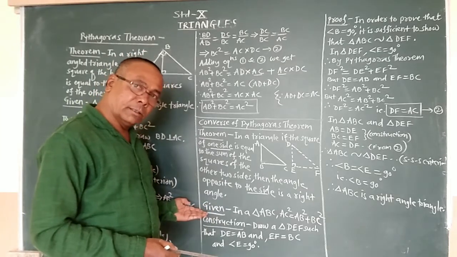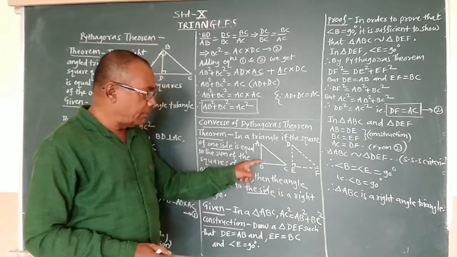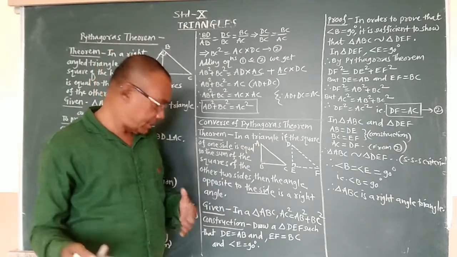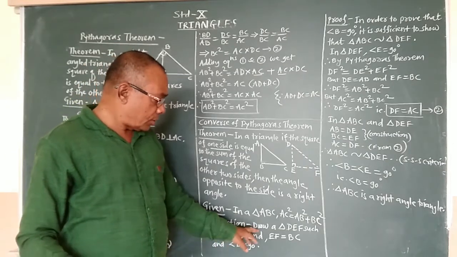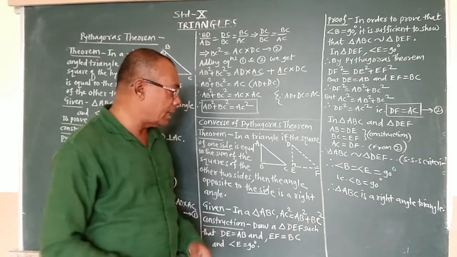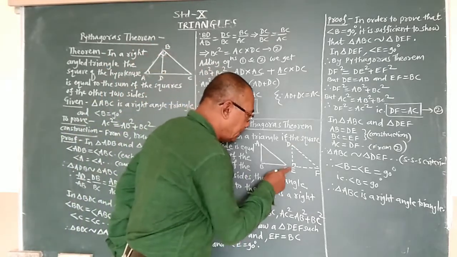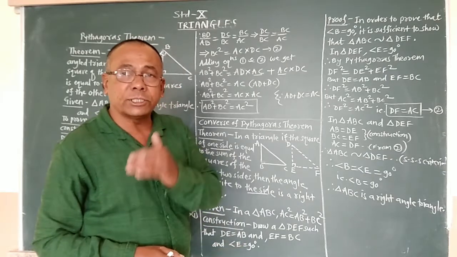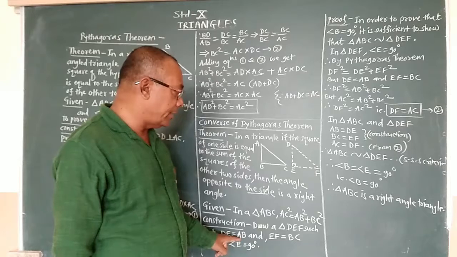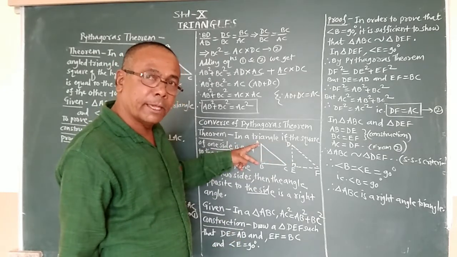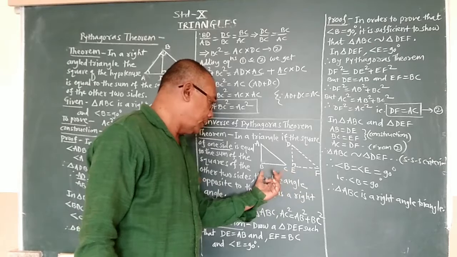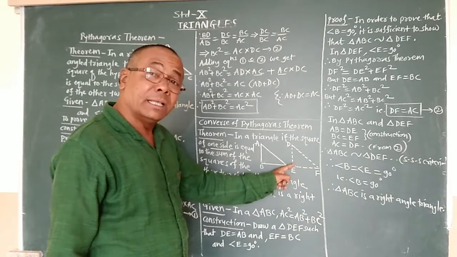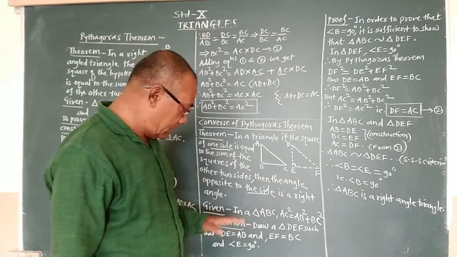Here I have not written proof, but the proof is that angle B is equal to 90 degrees. The construction is to draw a triangle DEF, another triangle, in such a way that DE is equal to AB, EF is equal to BC, and angle E is equal to 90 degrees.